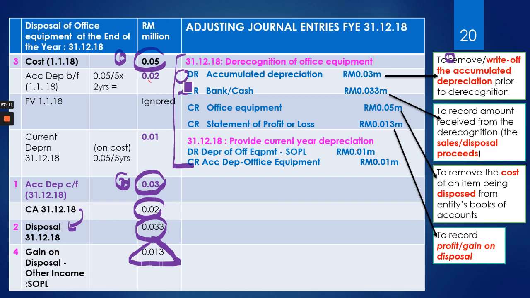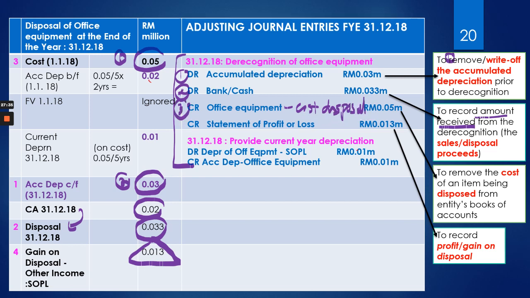Then you need to record the proceed, so debit bank. That was to record the amount received from derecognition because you receive in cash, and so you debit to the bank because that one is being banked in. And then credit office equipment. This one is what you credit to remove the costs that are being disposed.